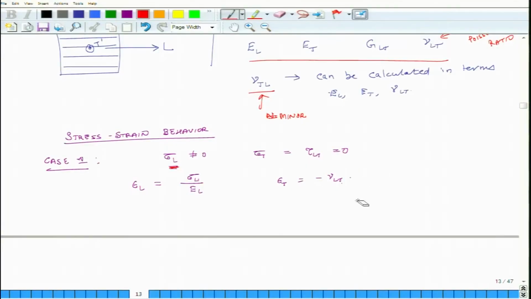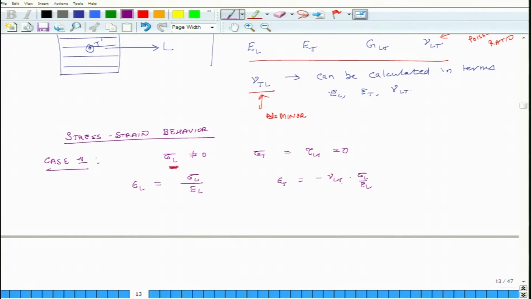So, epsilon T equals negative of mu LT times epsilon L. And what is epsilon L? Epsilon L is nothing but sigma L over EL. So, this is what I will write.